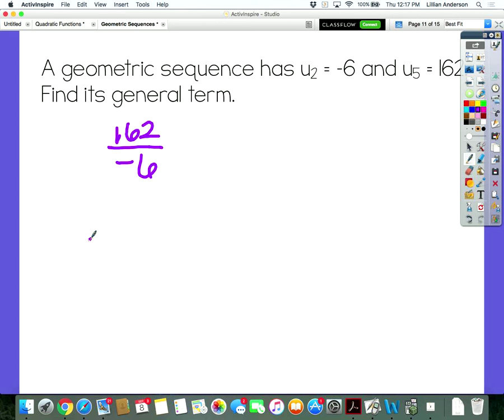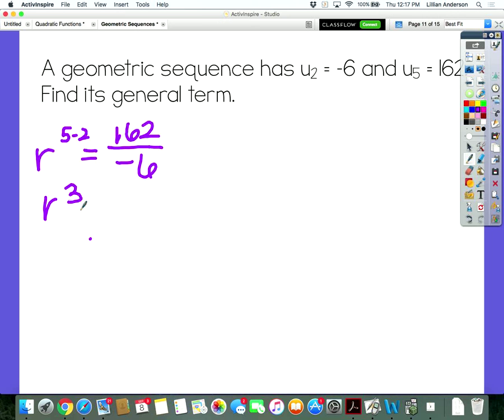So 5 minus 2 is what? 3. That's going to be the exponent of your ratio. And you set them equal to each other. So if you have to write it out in words, it's your ratio raised to the difference between where they're placed in the sequence, and then you just divide the two terms.